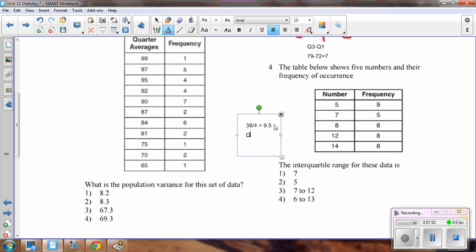So Q1 is going to be between the 9th and 10th spot. And so that means it's going to be between 5 and 7, so it's going to be 6. And then Q3 is going to be 9.5 plus 9.5 plus 9.5 away, which would be 28.5 spots away.